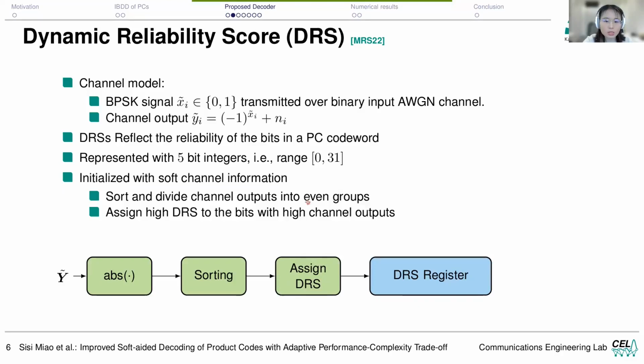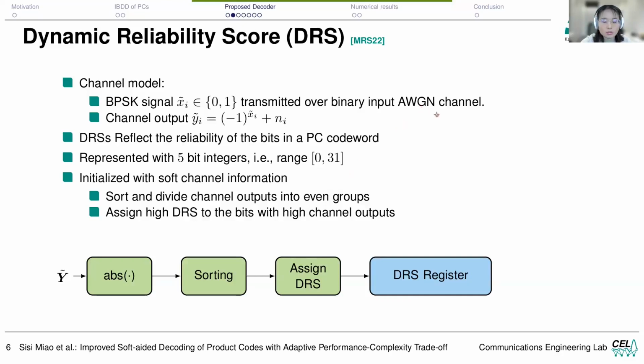We initialize them based on the absolute value of the received bits. So we sort and divide the channel outputs into even groups. The bits with high magnitude will be assigned a high DRS, and the bits with small output values are going to have a low DRS.